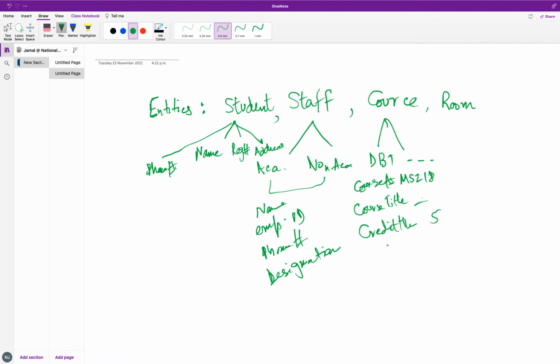So, for example, if in an exam you are asked to make an ERD, should we write this first or the box thing? This is not required, but you can quickly do some sort of rough work, and then you can make that ERD. But if you can directly make it, that is fine.